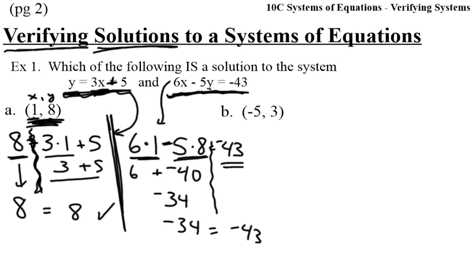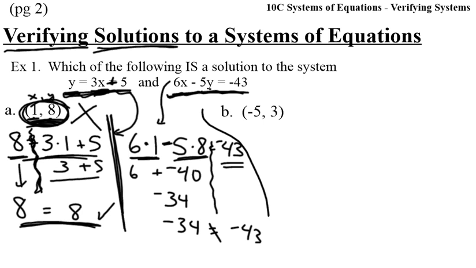Is negative 34 equal to negative 43? It's not. So our 1, 8, even though it worked in the first equation, it didn't work in the second. So 1, 8 is not a possible solution. So let's try B.